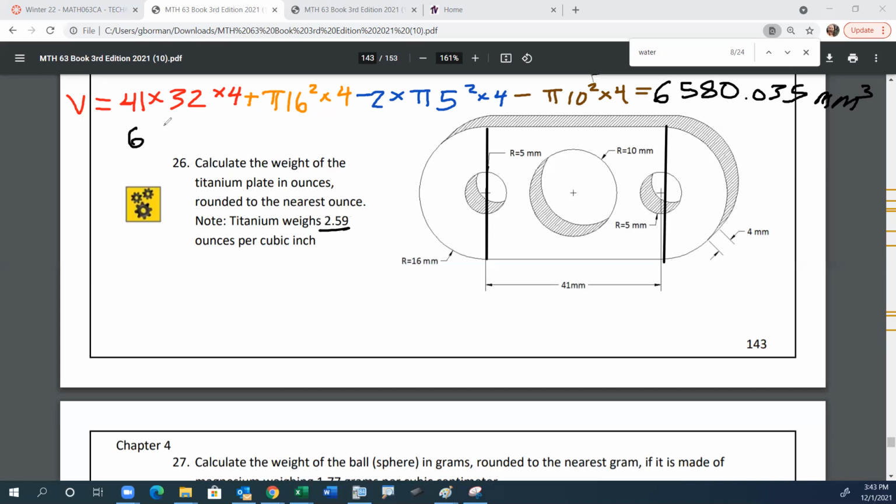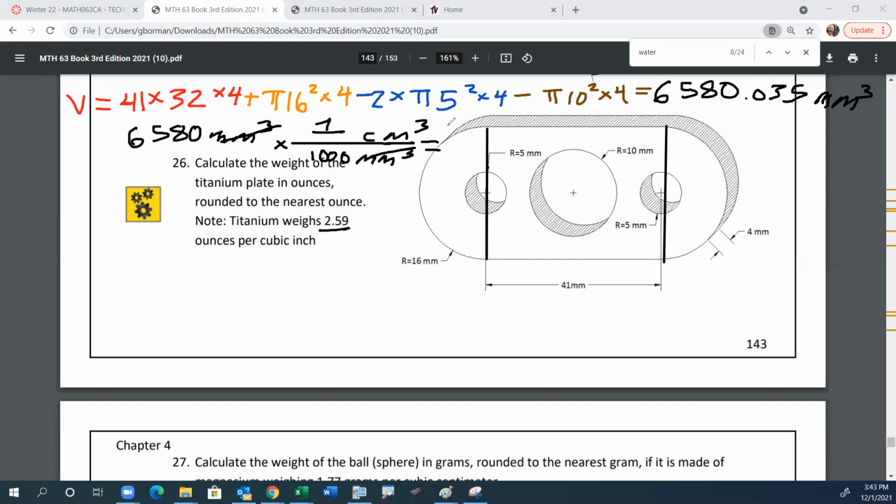Okay, so 6580 and then all that stuff. It's still in my calculator, so I haven't rounded off yet. Cubic millimeters. First, we're going to have to go from the back of the book from cubic millimeters to cubic centimeters. And one of those is 1,000 of these. So the cubic millimeters are going to cancel.